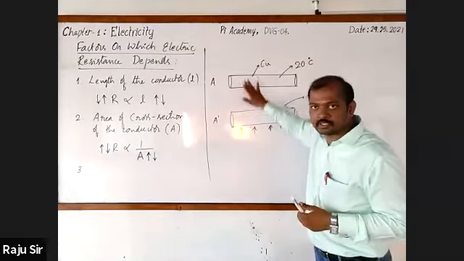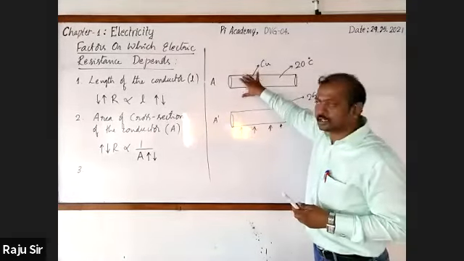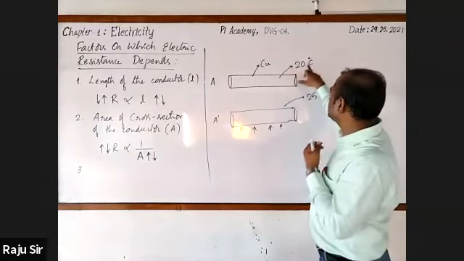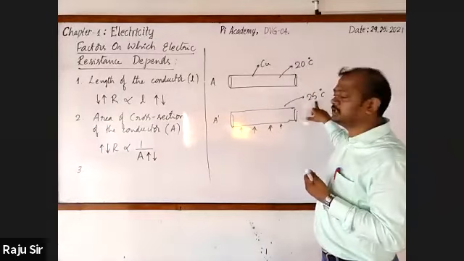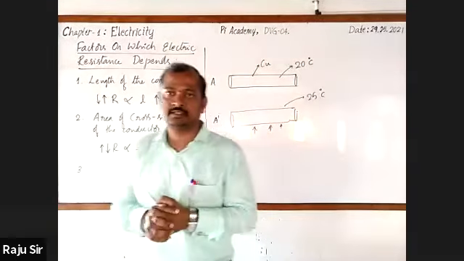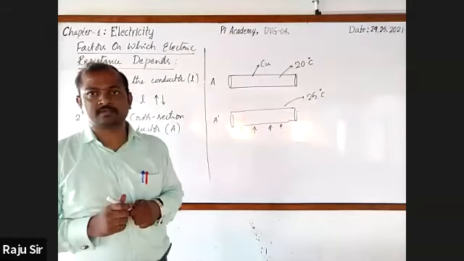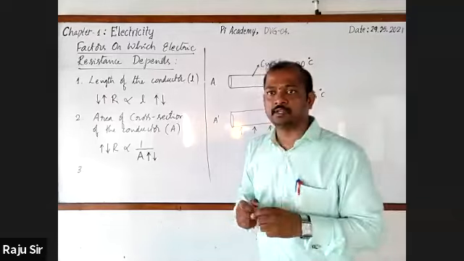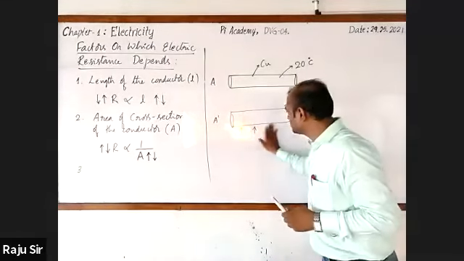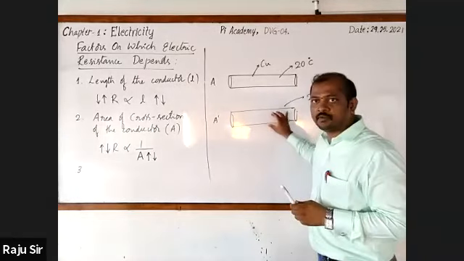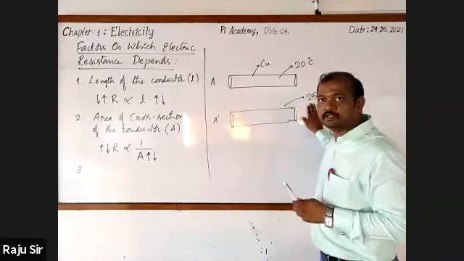Here we have taken the conductor at 20 degrees Celsius and at 25 degrees Celsius. Will they offer the same electric resistance? If you want to answer that, I'll give you the explanation of how the conductor behaves when temperature increases.